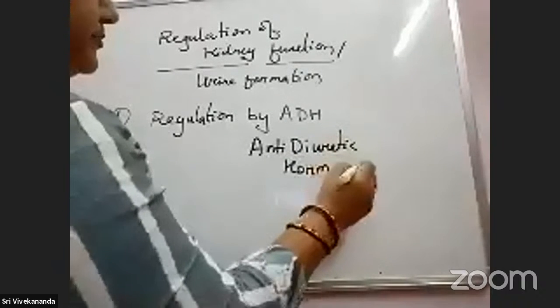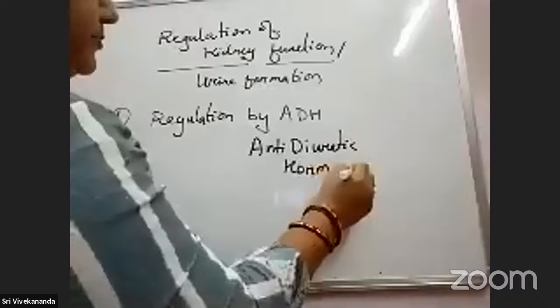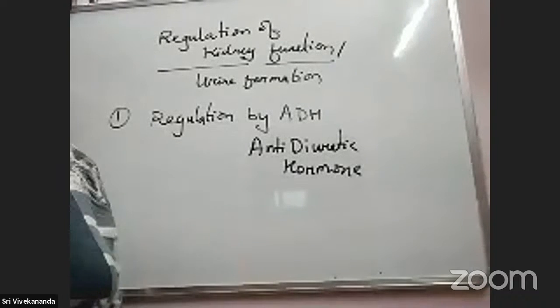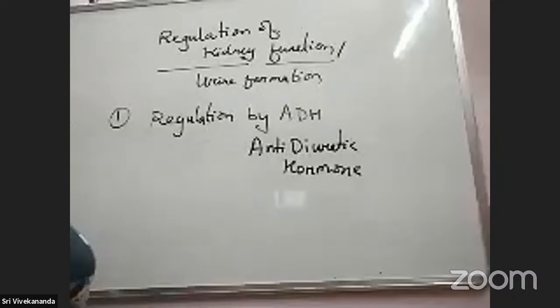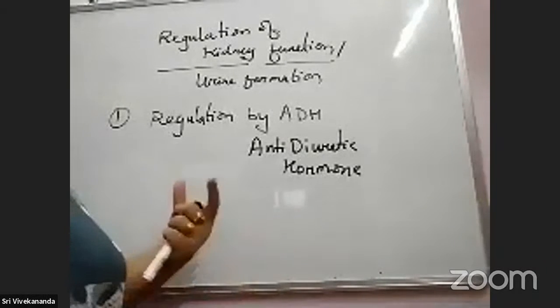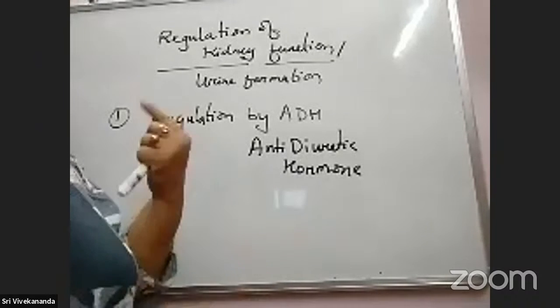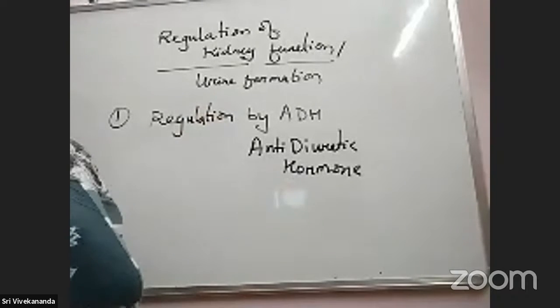Now, what is the meaning of antidiuretic? Diuretic means very diluted urine. Antidiuretic hormone means it will not allow the water to go out of our body through the urine.